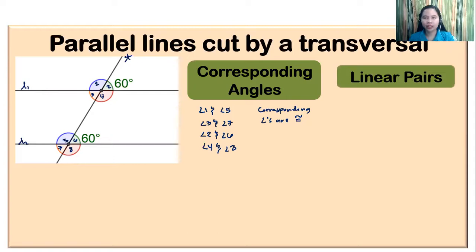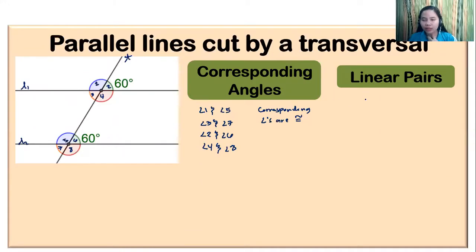When I say linear pairs, they are adjacent angles that form a line, or two angles that when you add, the sum is equal to 180 degrees.